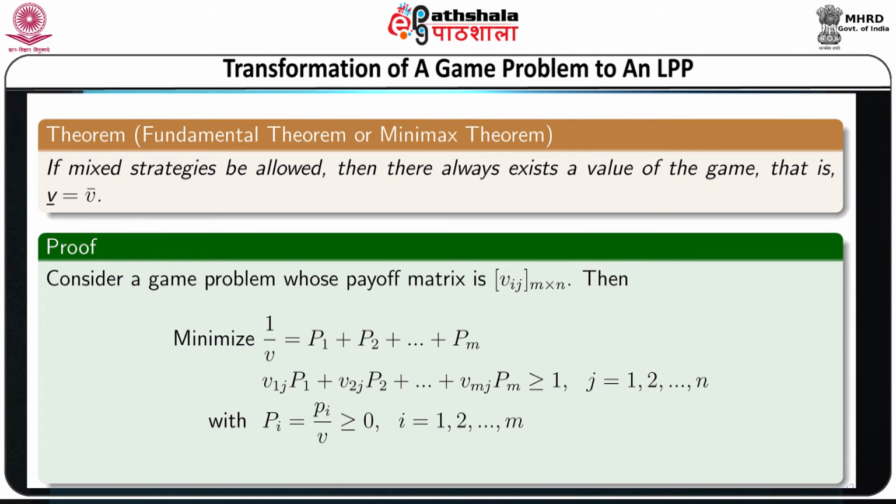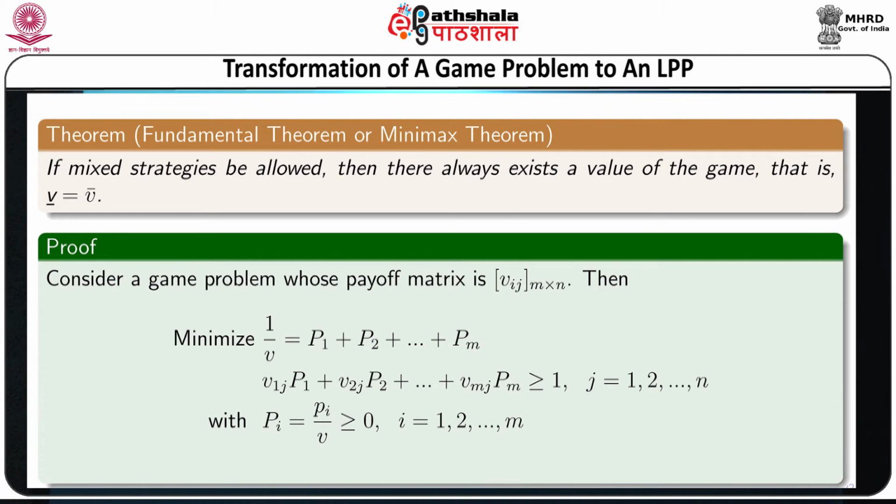We consider a game problem whose payoff matrix is Vij. Then this game problem can be transformed into an LPP like: minimize 1 by V equal to P1 plus P2 plus dot dot dot Pm, with the constraints V1j P1 plus V2j P2 plus dot dot dot plus Vmj Pm greater than or equal to 1 for j equal to 1 up to n.